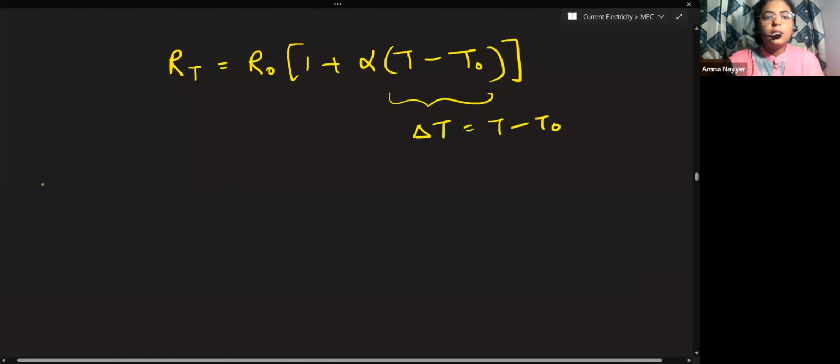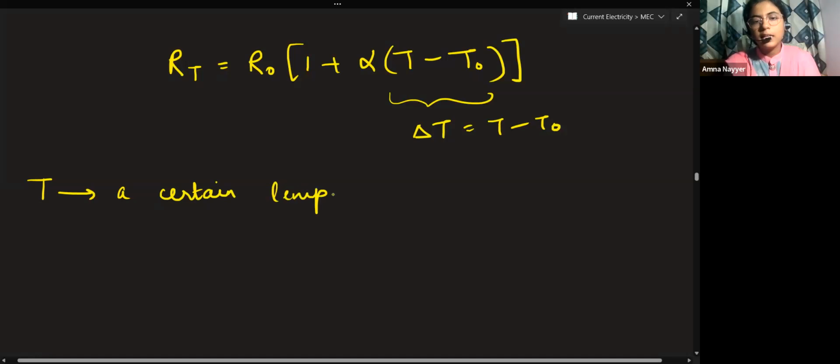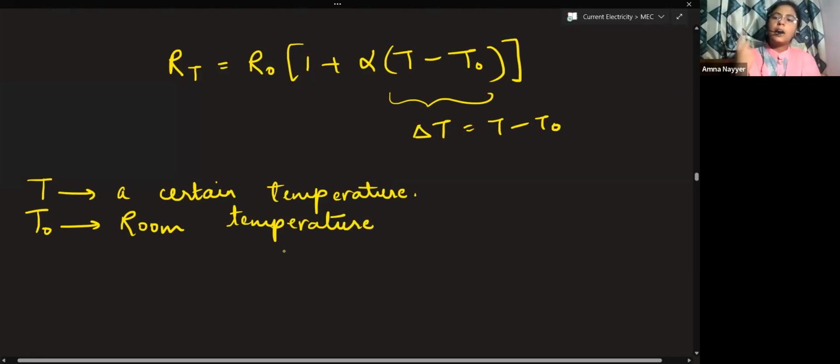Now T is a certain reference temperature, meaning a particular temperature at which you are calculating. T naught is the room temperature, the surrounding or room temperature, which will be given to you in the question. So T minus T naught is this.